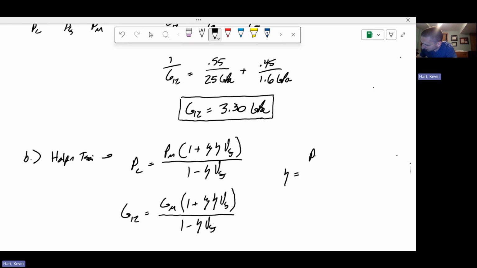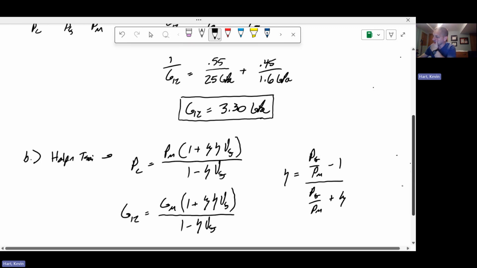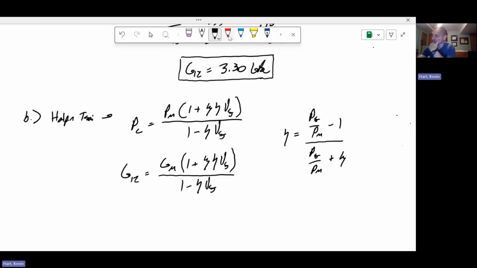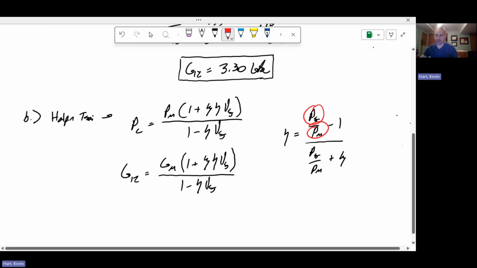Eta is another Greek letter that stands for a certain calculation. Generally it's property of the fiber over property of the matrix, minus 1, divided by property of the fiber over property of the matrix plus xi. In our case, these property values are the shear moduli.